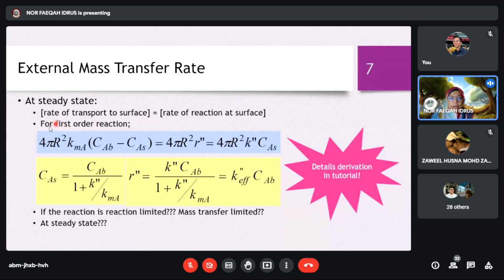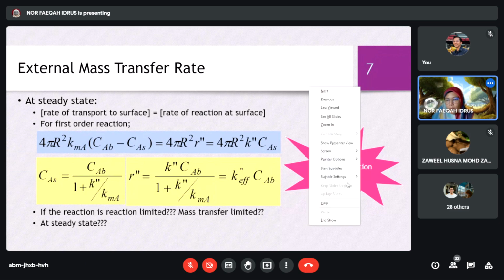So this is the rate of transport, or the rate of mass transfer. That's why there is a mass transfer coefficient here. For the mass transfer rate, we need to multiply with the surface area of the catalyst. 4 pi r squared is the surface area of the catalyst.